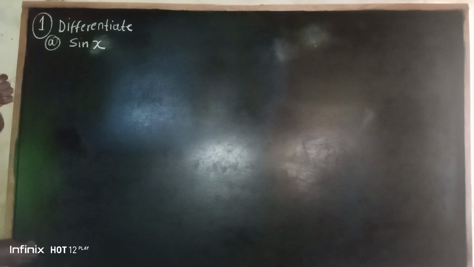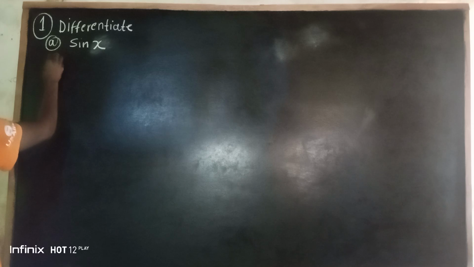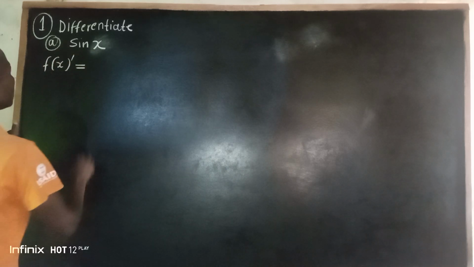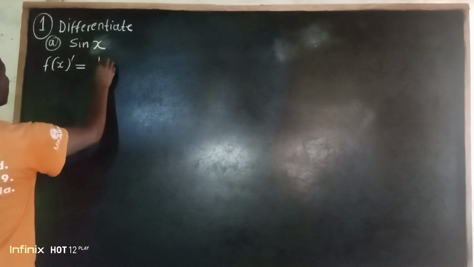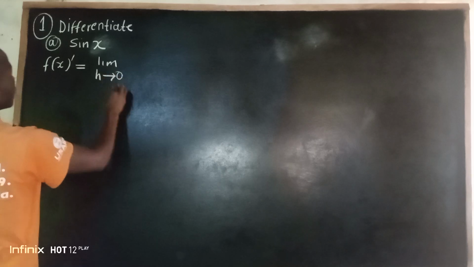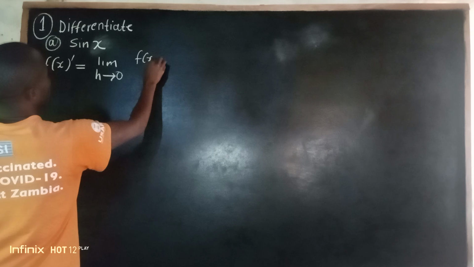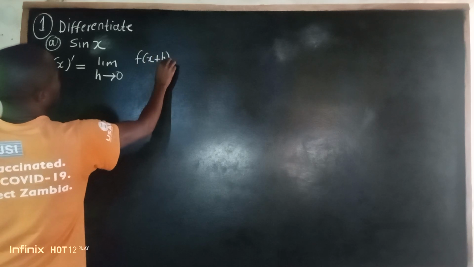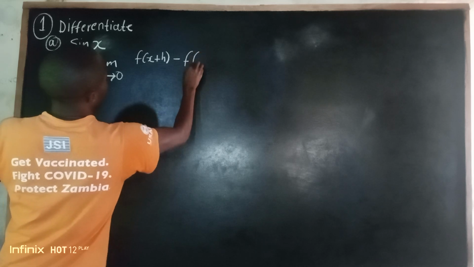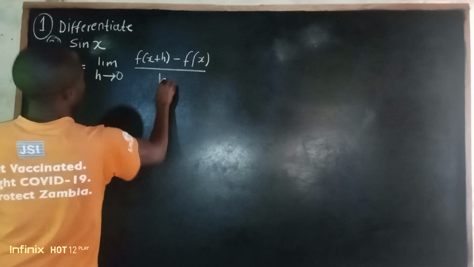The first principle states that f prime of x is equal to the limit as h approaches 0 of f of x plus h minus f of x, over h.